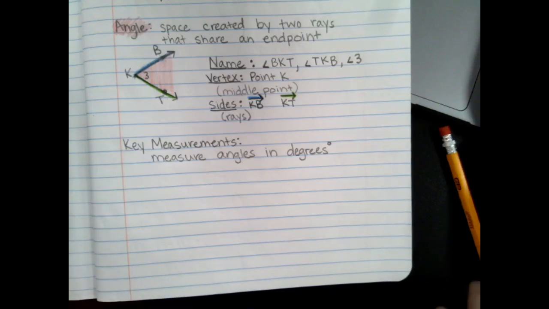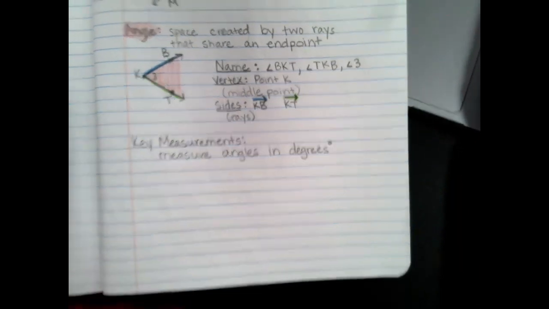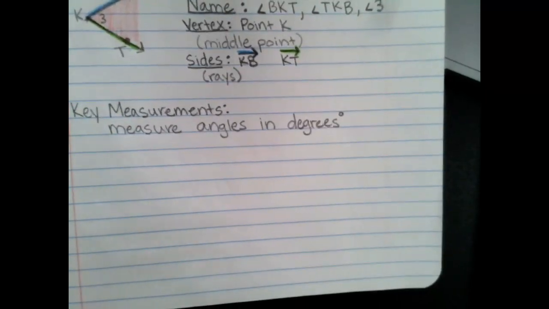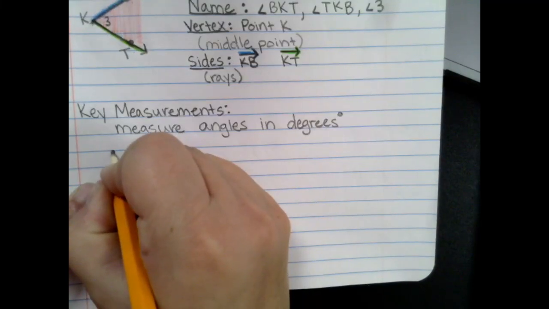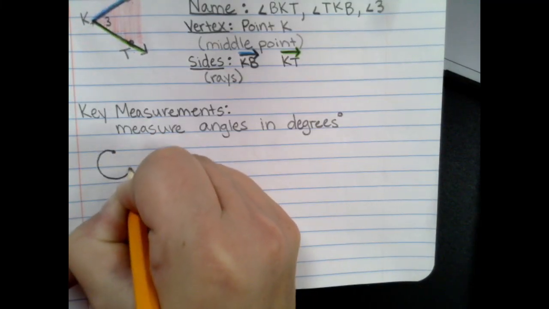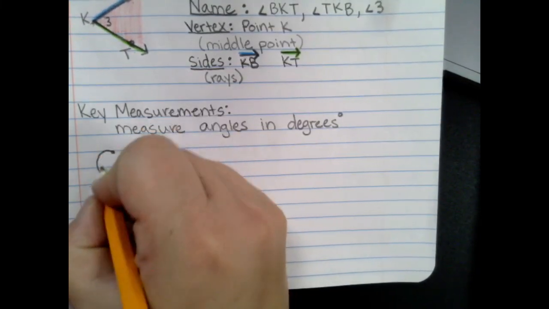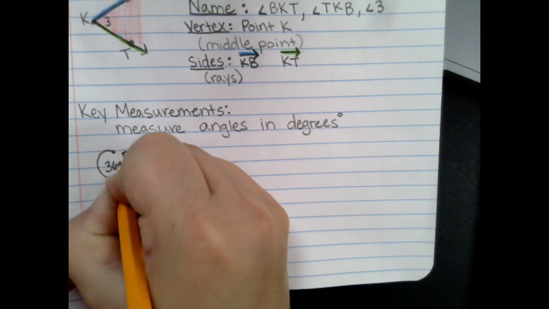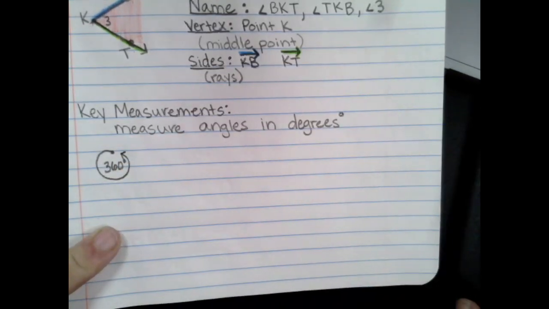Yeah, those of you that do skateboarding or snowboarding or wakeboarding might know 360 means that you are going all the way around. We aren't going to show that with an angle, but that's just for us to know that 360 is all the way around. 360 degrees.